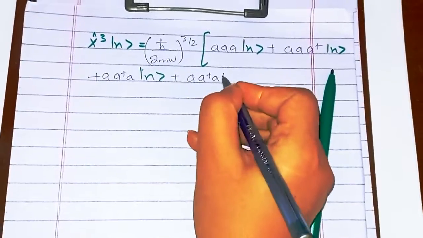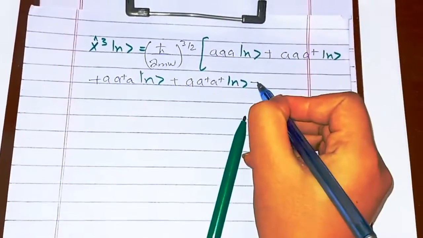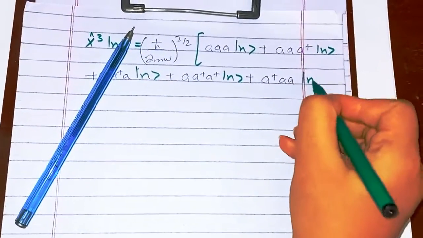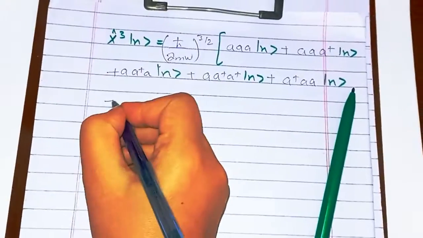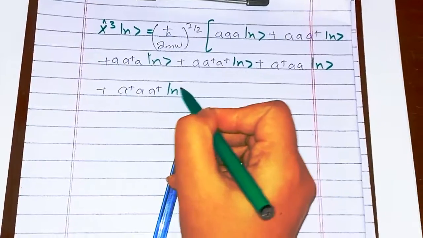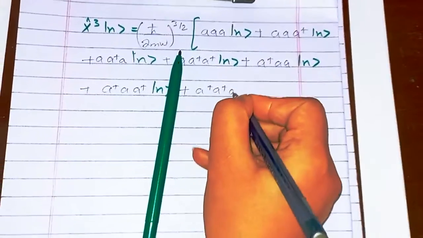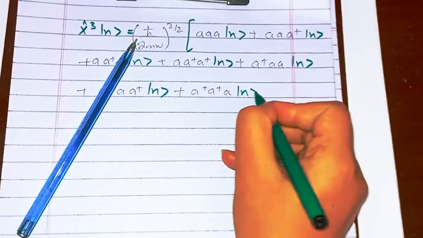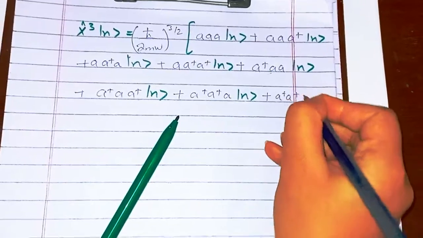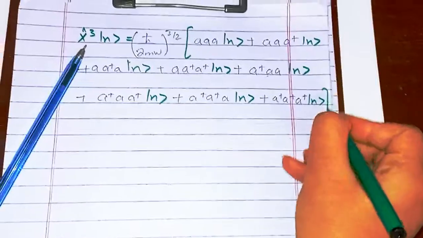Then we write each term with the ket on its right, and the last term, that is a† a† a†, bracket closes.